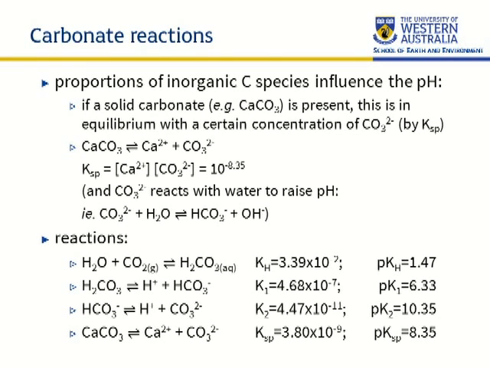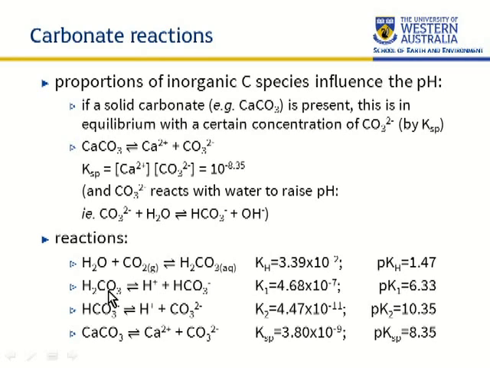So to fully characterize the carbonate system then, there are a bunch of reactions that we need to consider. There's the reaction of water with carbon dioxide gas dissolved in the water to produce carbonic acid, and we can define that in terms of an equilibrium constant. We're going to call that KH, and the minus log version of it pKH.